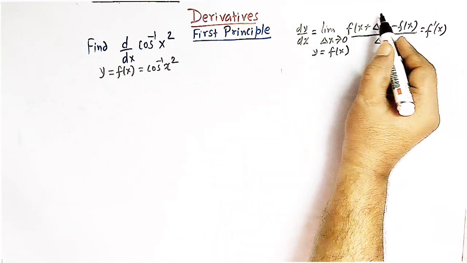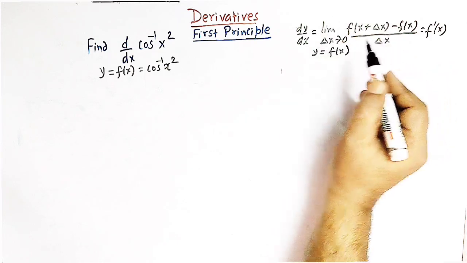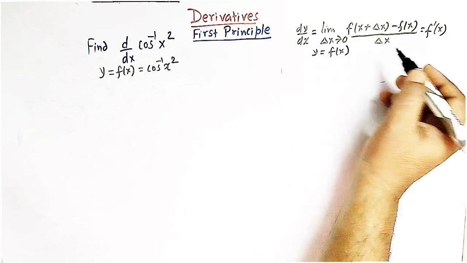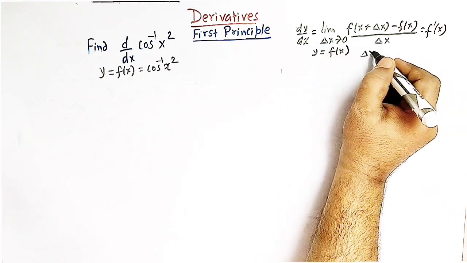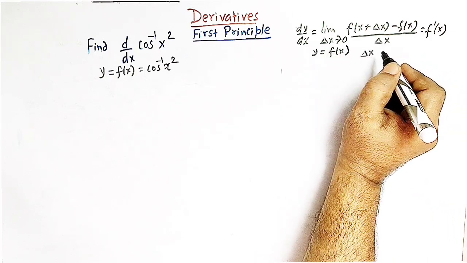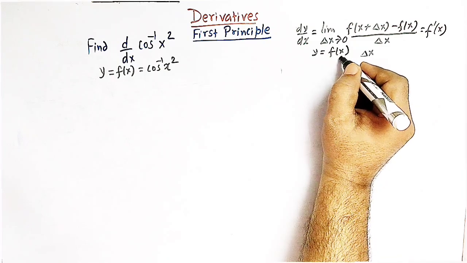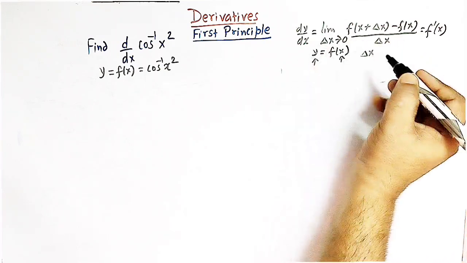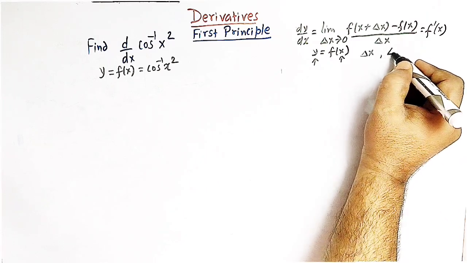So when we compute this limit, we get the derivative of y with respect to x, and here delta x is a small increment in x, and the corresponding increment in y is denoted by delta y.